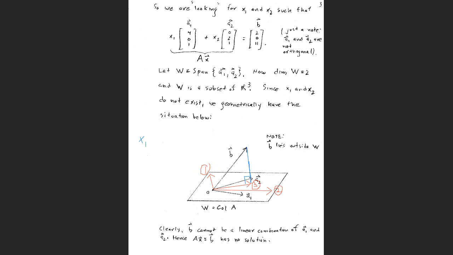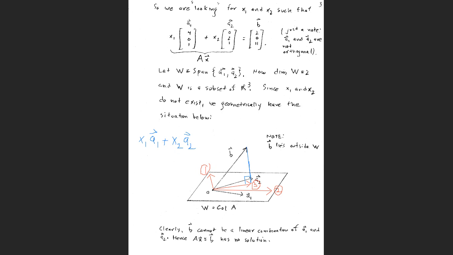And all of those vectors, 1, 2, and 3, are some linear combination of the vectors A1 and A2, right?